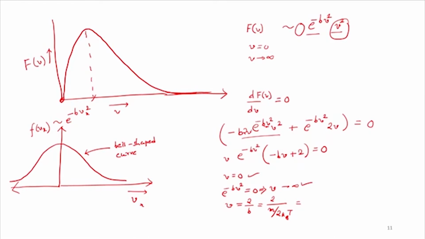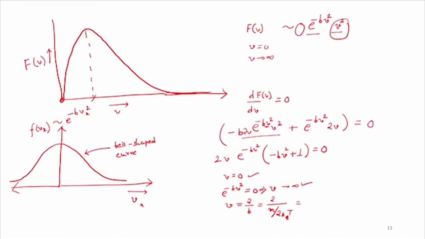So what I can take as common is v, and this will be then, check once again, v square. Yes, it has to be v square, and this 2 will cancel, this will be just 1.